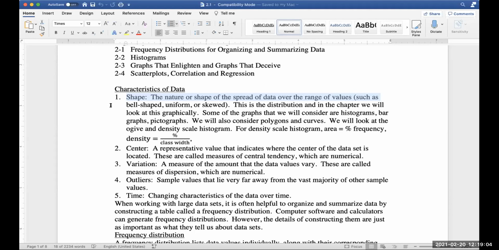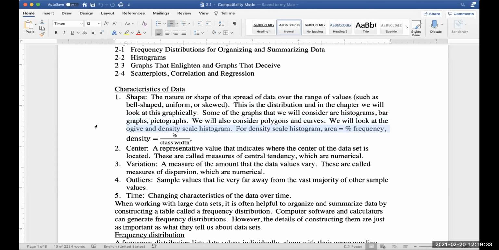So in this chapter, we're going to be looking at this question graphically. Is the distribution what's called bell-shaped? Is it uniform, or is it, well, what's called skewed? We'll be looking at histograms, bar graphs, pictographs, polygons, and curves.